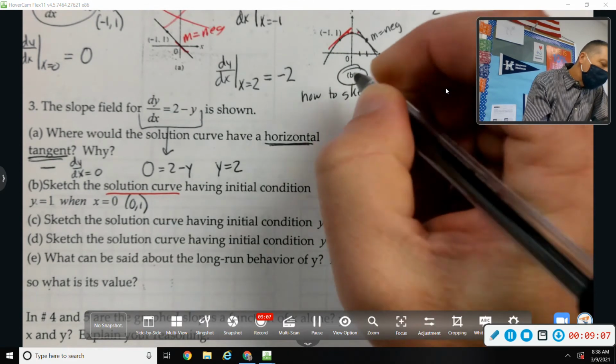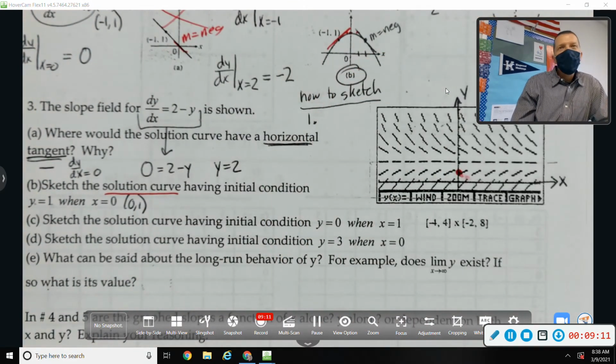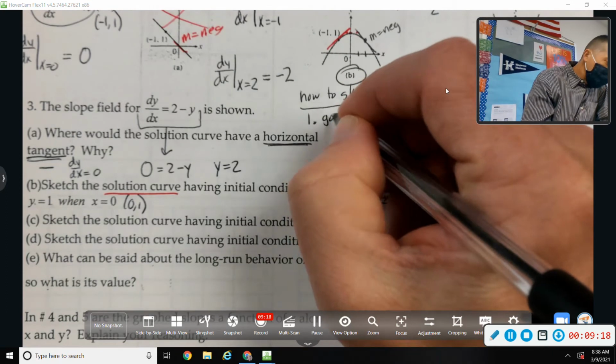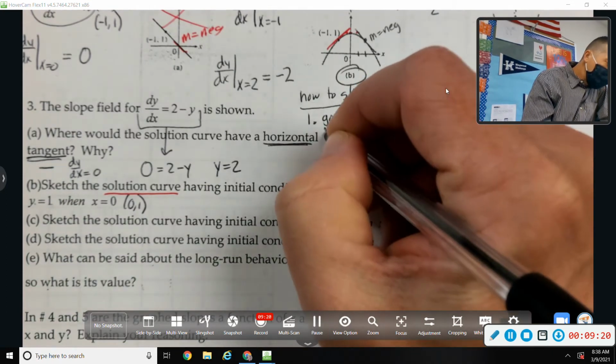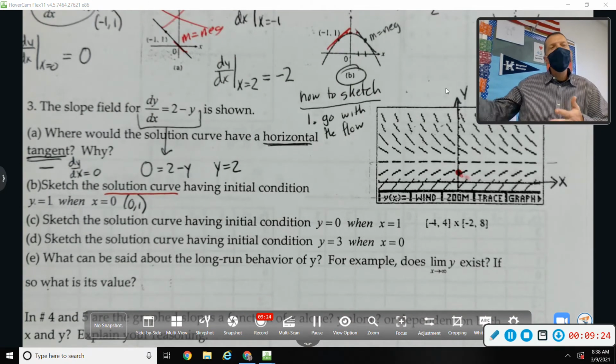All right, here's our 2 rules on how to sketch. The first rule is advice never given to teenagers, and that's just go with the flow. Just kind of follow the pattern. Just what everybody else is doing, just go that direction. That's terrible life advice, but it is how you graph a curve when you have a slope field.